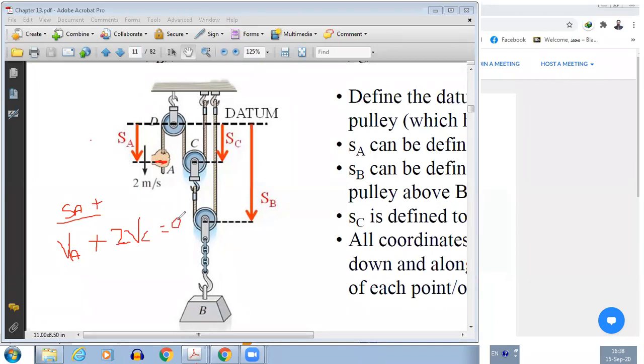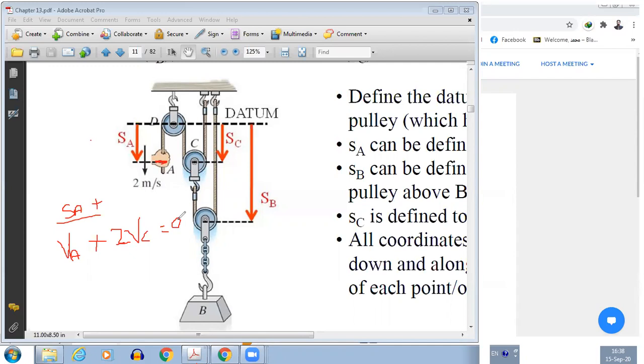Is it clear or not? I wrote one equation for one rope. Is this equation clear or not? Okay, good.